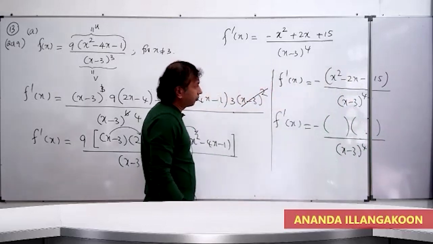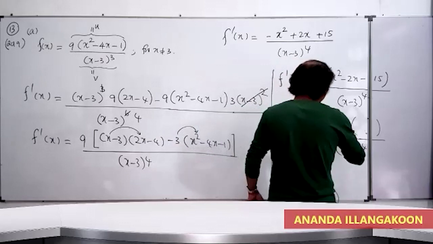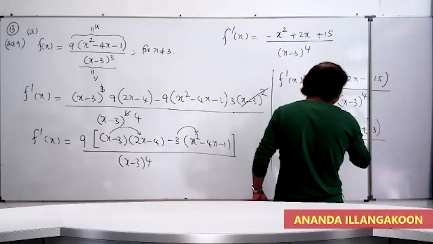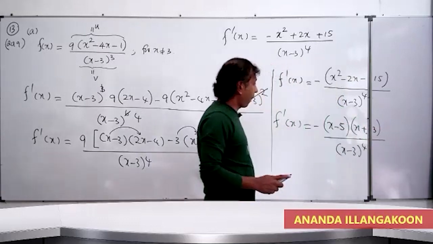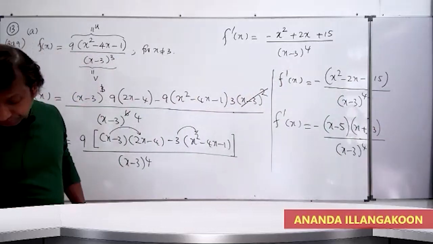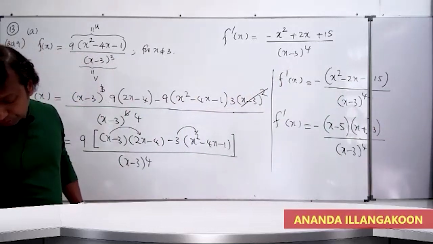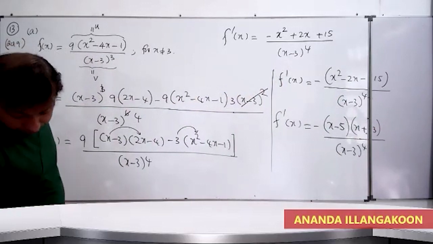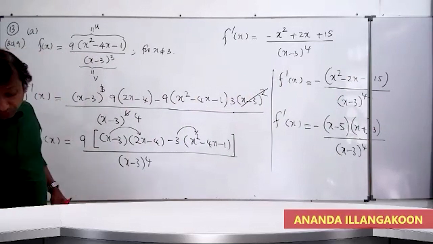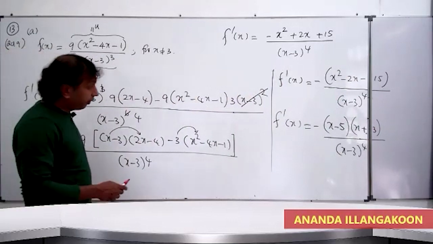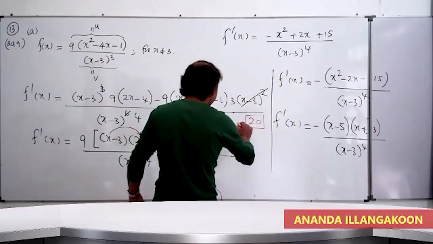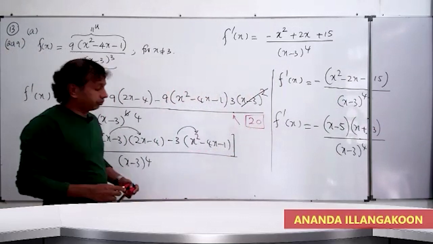What are the factors, people, there? (x minus 5)(x plus 3), no? Right. And people, now here, applying this u upon v form and getting up to this, 20 marks given. Right?